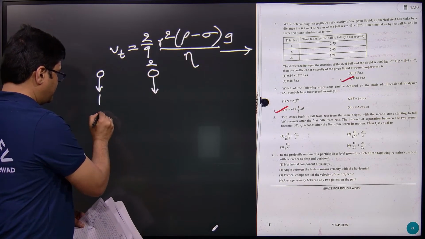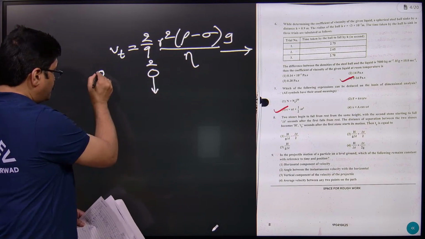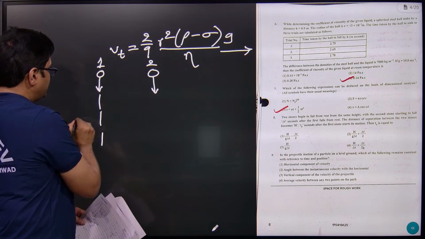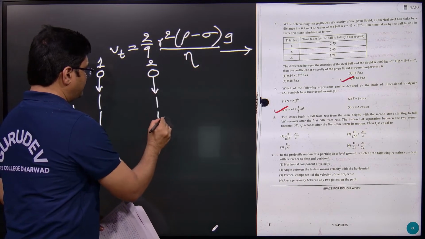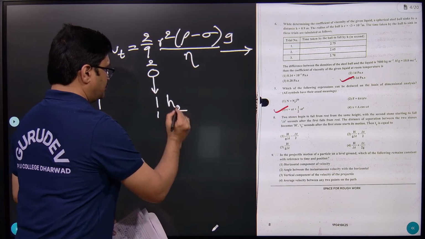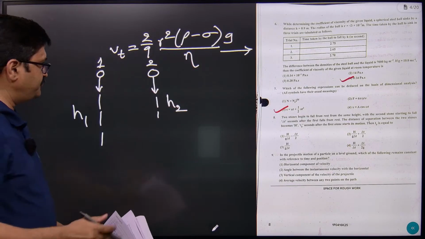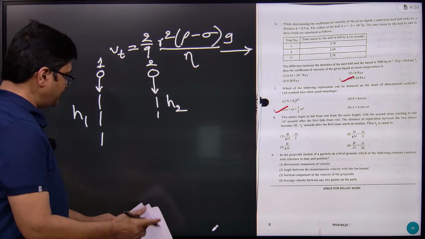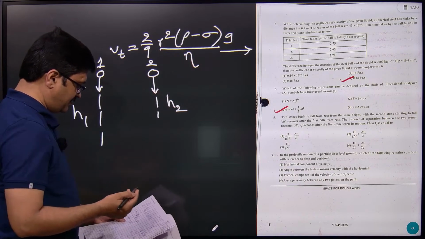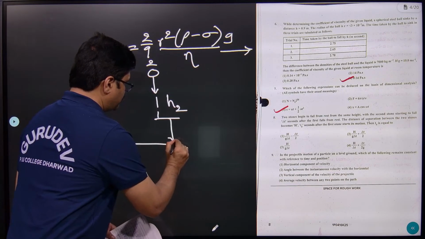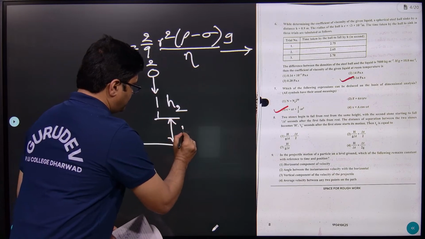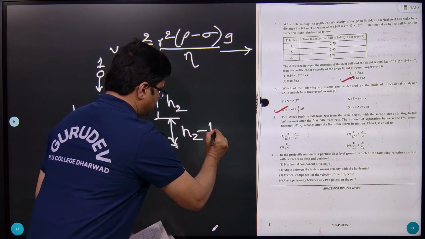So when object 1 has reached the height of h1, object 2 would have reached a height of h2 above the ground. Then the net height from the ground should be h2 minus h1.